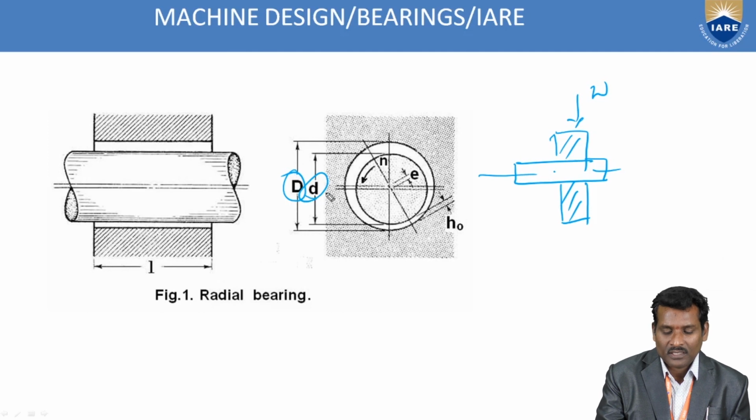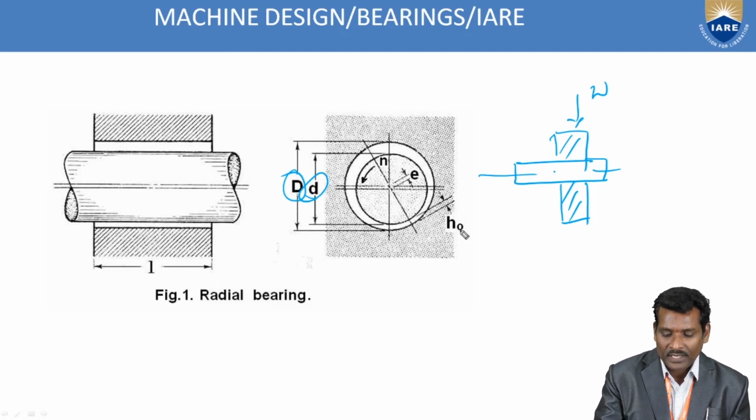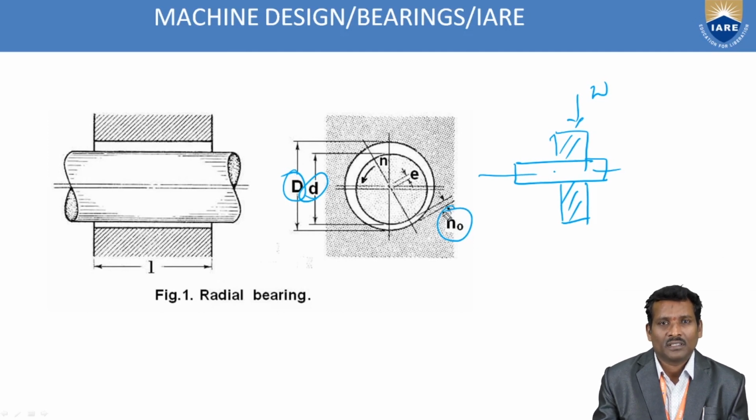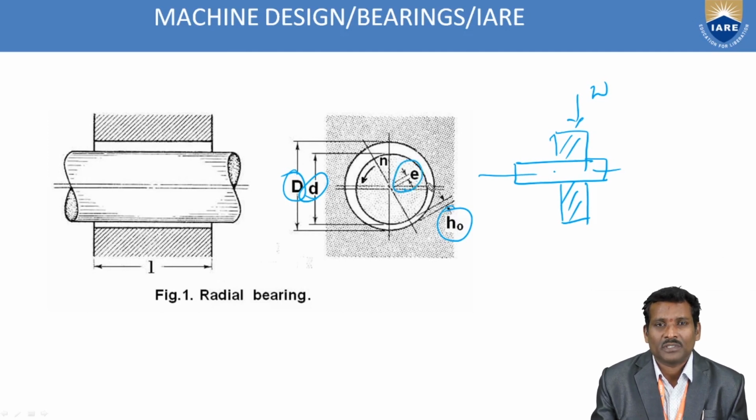So in this, small d is the diameter of the journal, and here H0 is the minimum oil film thickness. What H0 is we will see in the coming session. And E represents eccentricity.